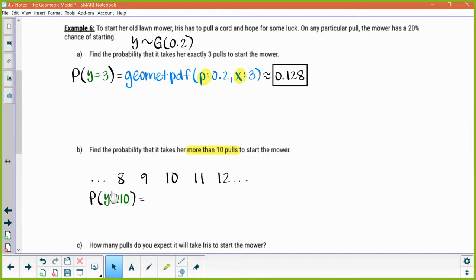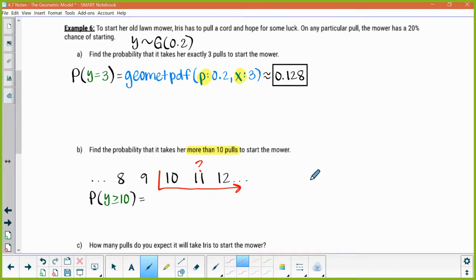It does not have to be the whole number line. It just kind of has to center around the value you're interested in. I want to see what's the probability that it's 10 or more. This is what I want. That's the probability that I am interested in. However, I cannot find it because this is going to keep going on forever and ever and ever.